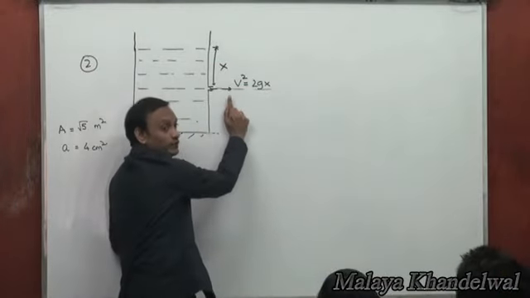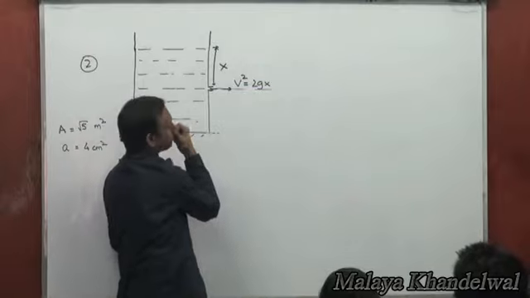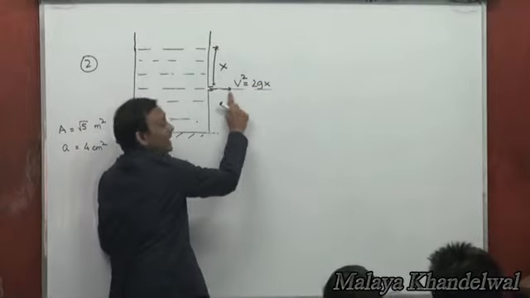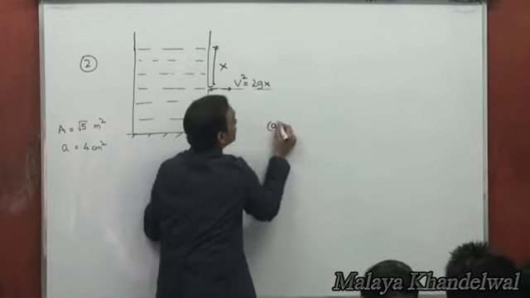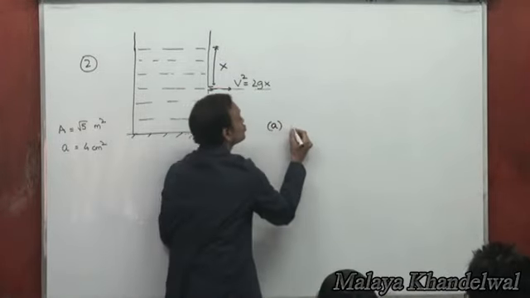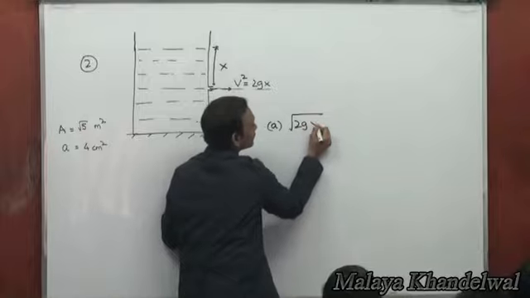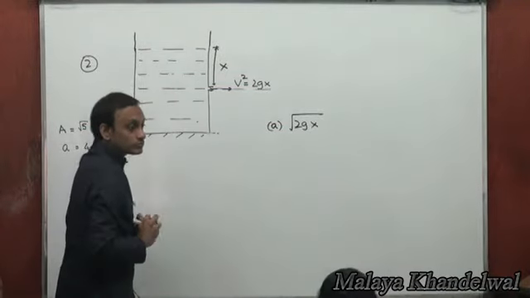At this instant of time, the rate at which water is flowing out of the tank is a into velocity v, root 2gx, right?